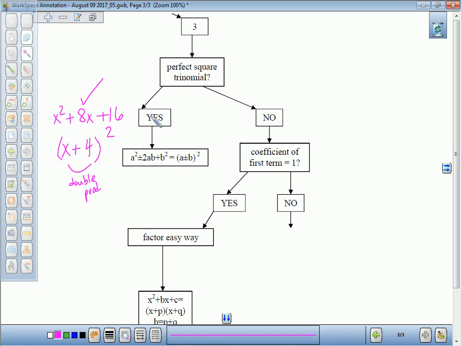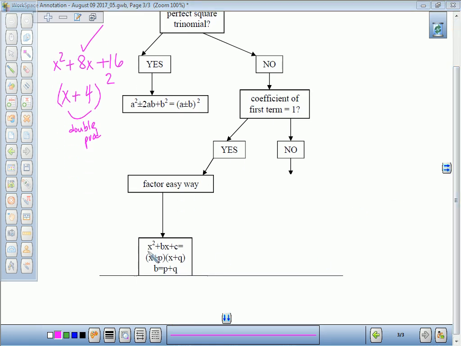If we were not working with a perfect square trinomial, is the leading coefficient 1? If it is, this is really easy to factor, x squared plus bx plus c. You ask yourself, what do you multiply to get the constant that you add to get the middle coefficient?